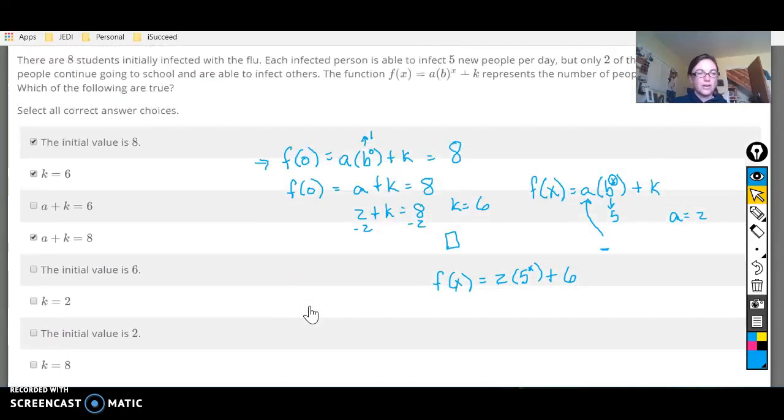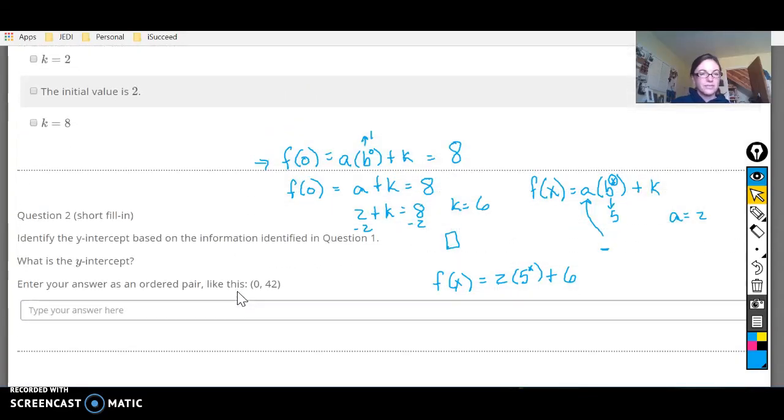So those are the 3 check marks that you need here. Be very careful that you choose the right ones. Initial value is 8, k is 6, and a plus k equals 8. All right? Let's go down to the second question.